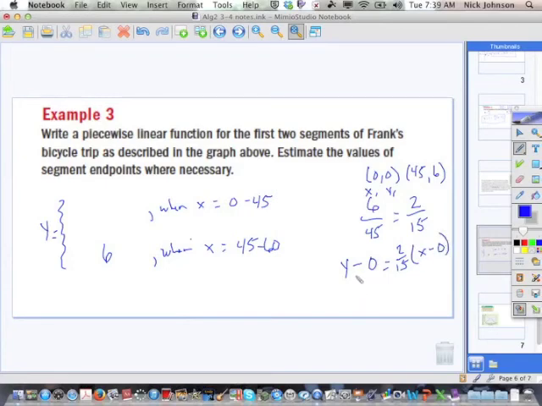But what's going to happen to my zeros? y minus 0 is just y. 2/15 times x is just 2/15 x. So that's what my linear equation looks like. So up top here, y equals 2/15 x is going to be my equation for that span from 0 all the way to 45. Okay?